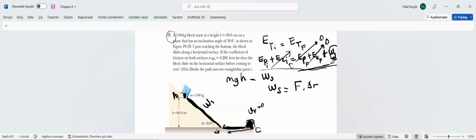Say this is FS1 and then FS2. So you can say this is WS2. You have to calculate both of them. These parts give the lost energy: WS1 plus WS2. And finally, we can calculate.